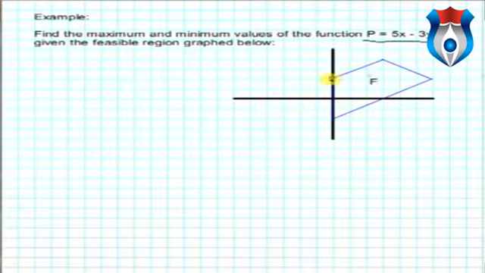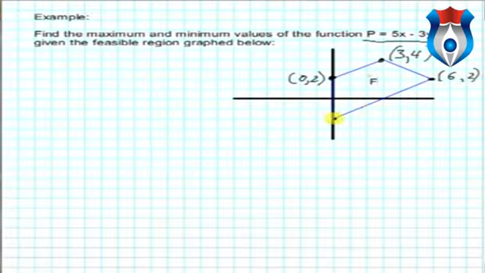This vertex has coordinates (0, 2). This vertex has coordinates (3, 4). At this vertex, our coordinates are (6, 2). And at this vertex, our coordinates are (0, -2).